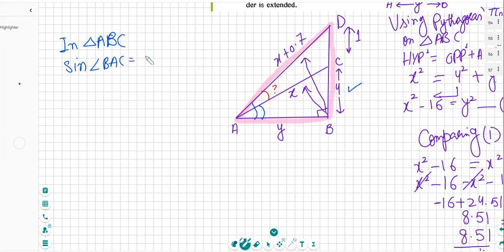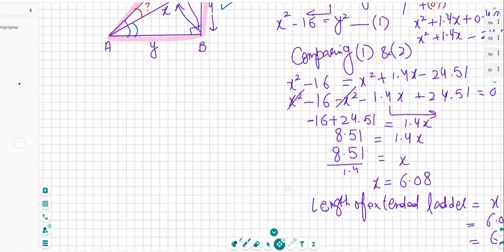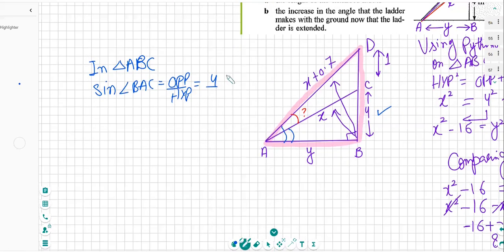It's equal to the opposite side over hypotenuse. What is the opposite side? It's 4. The hypotenuse is x. What was the value of x? X was 6.08, right? Yeah. So angle BAC will be sine inverse of 4 over 6.08. Got it?